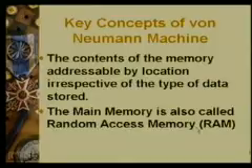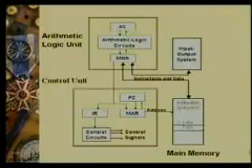What do I mean by these two terms? Once again, the data is being stored in the random access memory, or the main memory, over here. So this is also called random access.